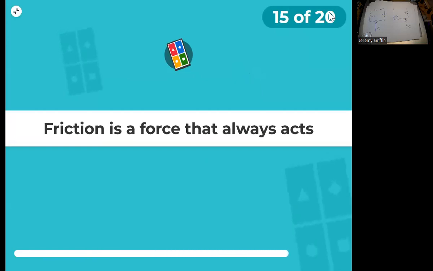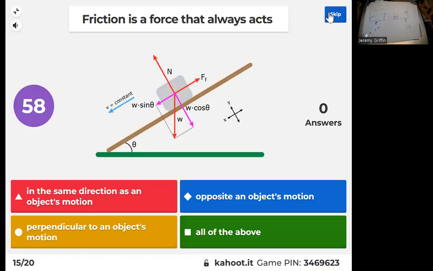Friction is a force that always acts how?